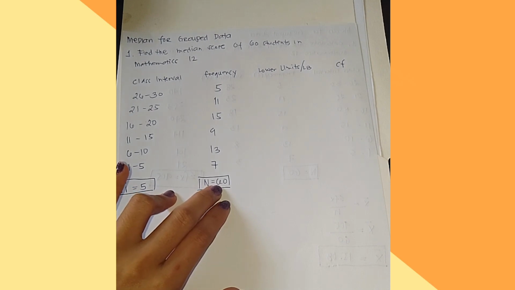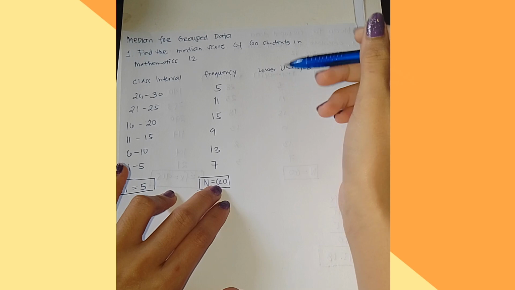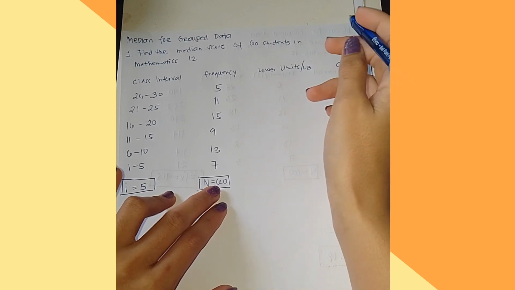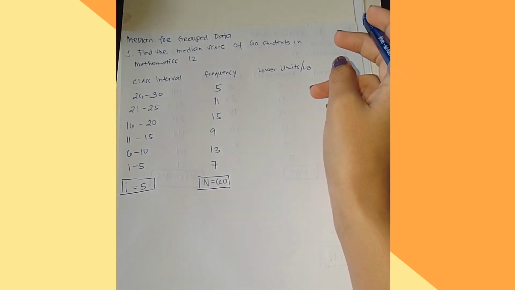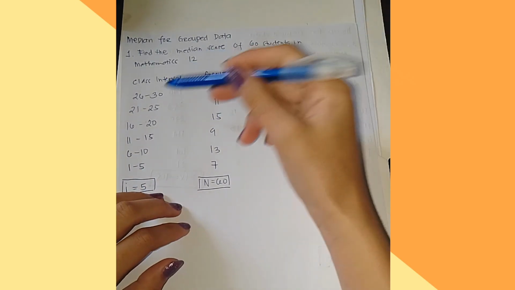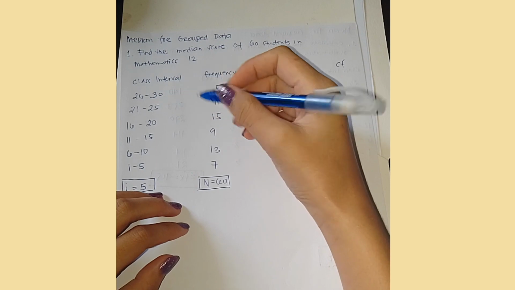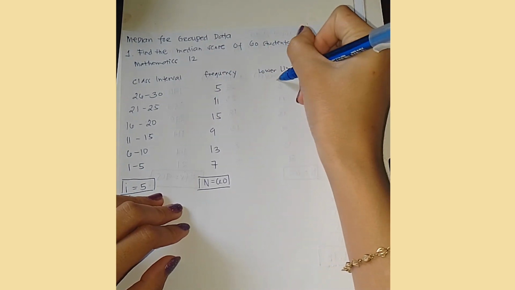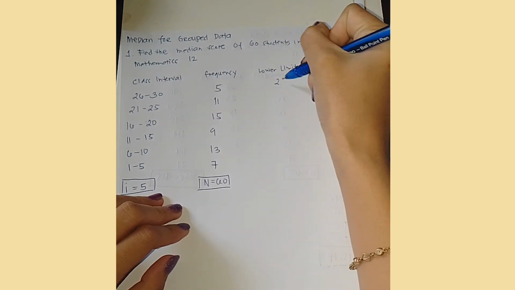So, in getting the lower boundary or lower limits, we need to look at the gap between the numbers in the class interval. So, 26 to 30 is equal to 25.5.